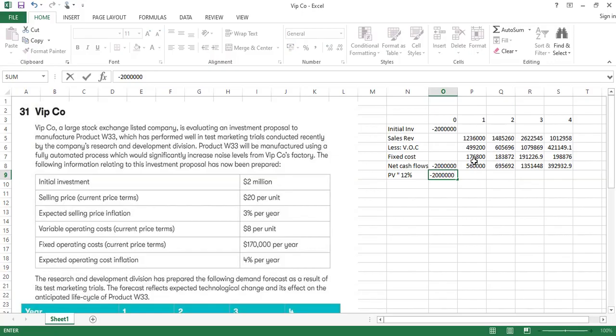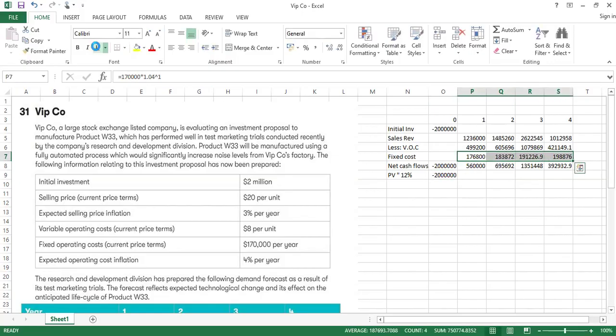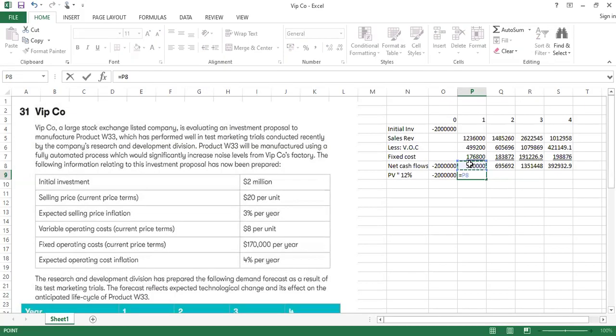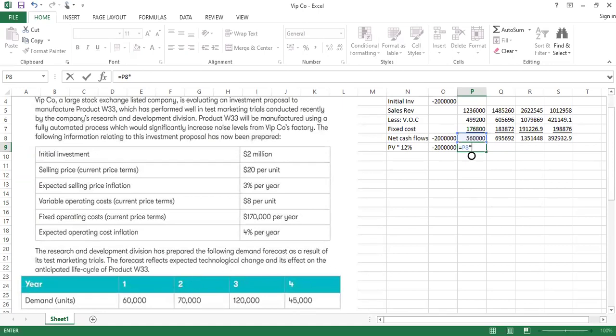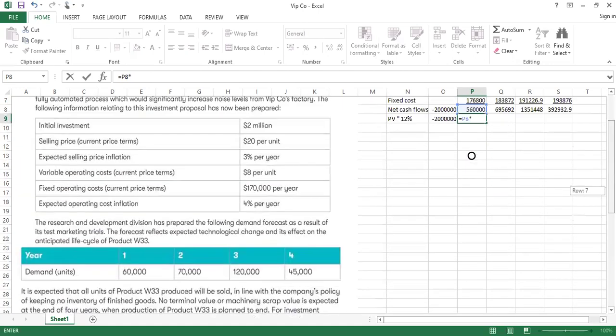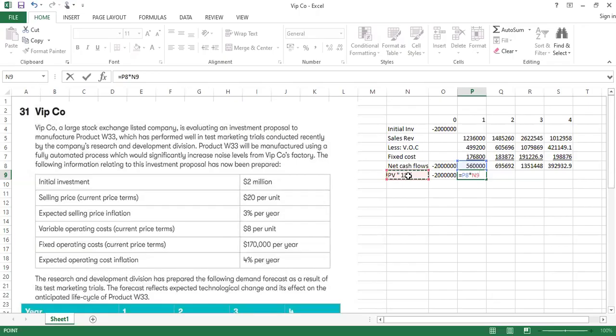For year 1, this is multiplied by the first year factor at 10%, which is 0.909.